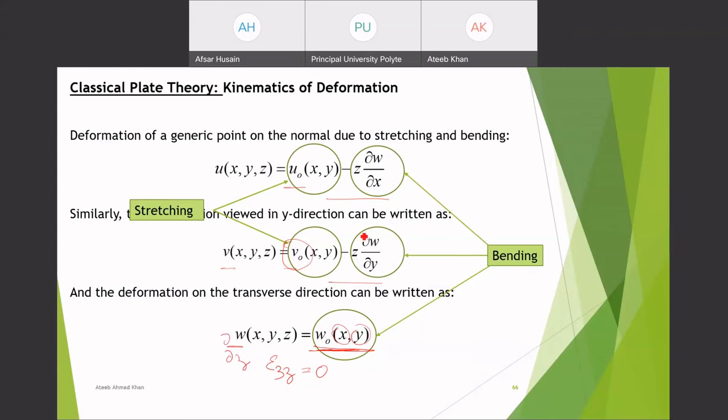Similarly, if we talk about the u or v direction, the other assumption was that your transverse normal will remain perpendicular to the midplane and will remain straight before and after bending. So if there is any shearing at the top and bottom surface, it will look like this, and this angle won't be 90 degrees. That means the shear stresses at the top and the bottom surfaces are equal to 0.